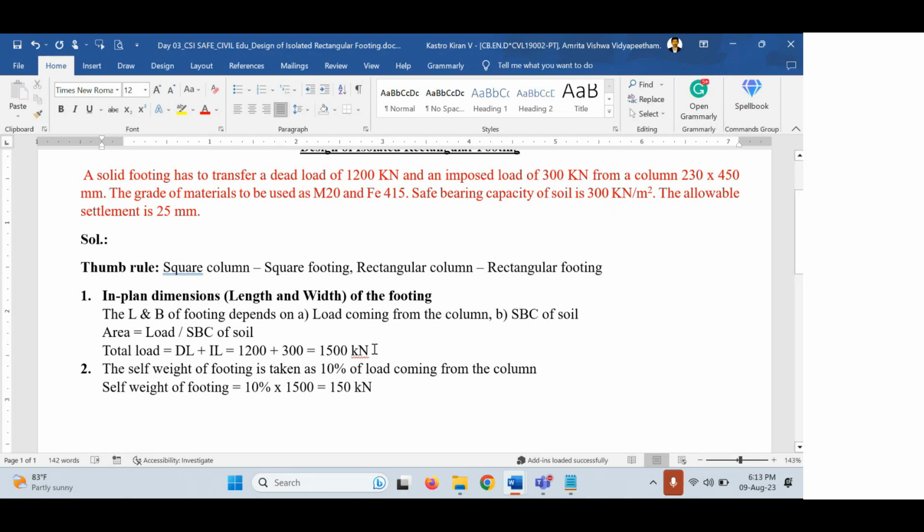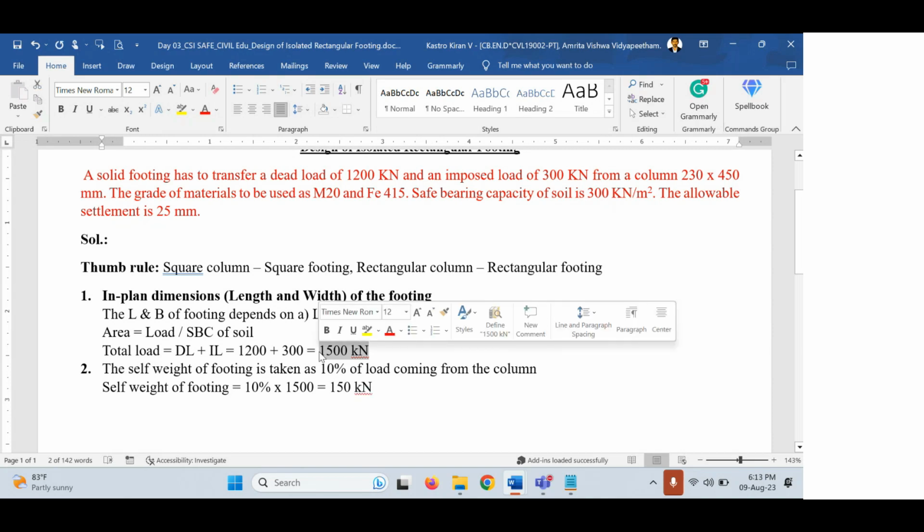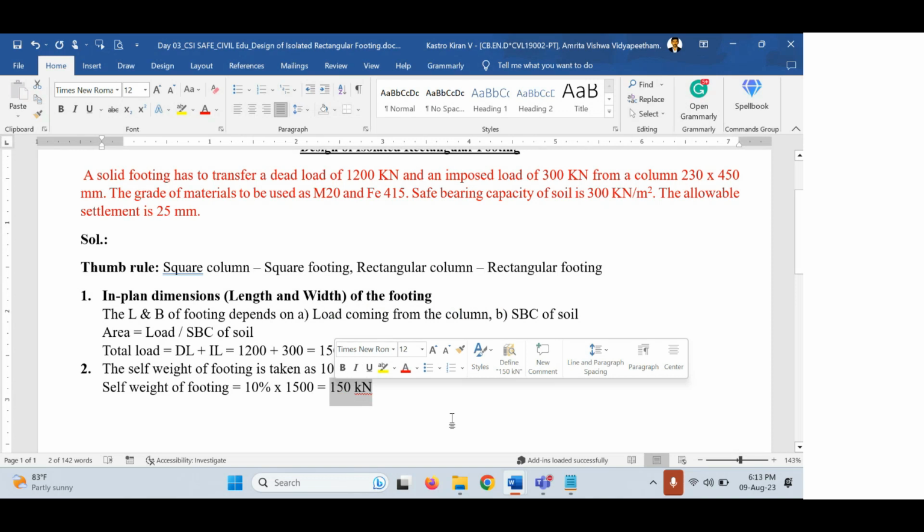So this is 1500 kilonewtons, the dead load and live load combination, and the footing also has some self weight, which is considered as 10% of the column load, that is 150 kilonewtons.